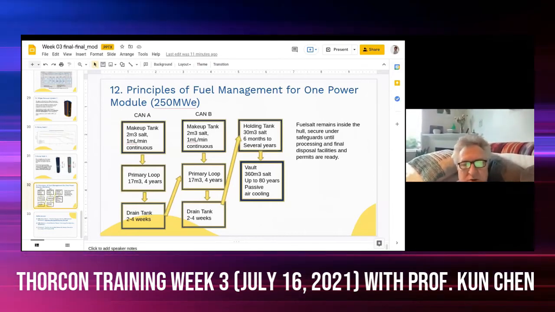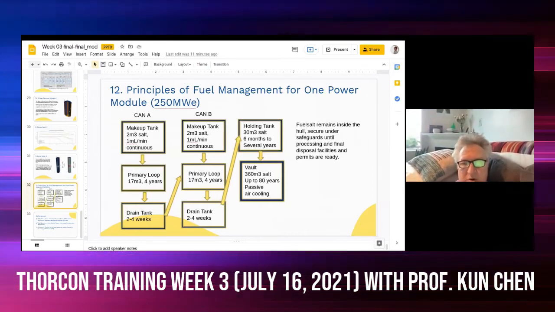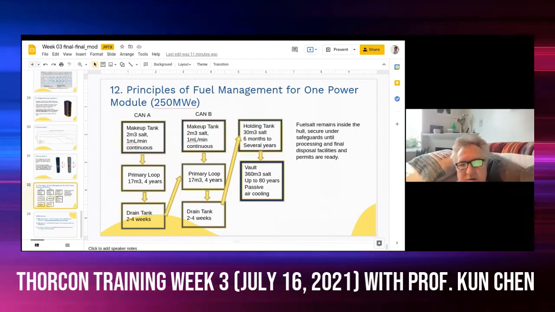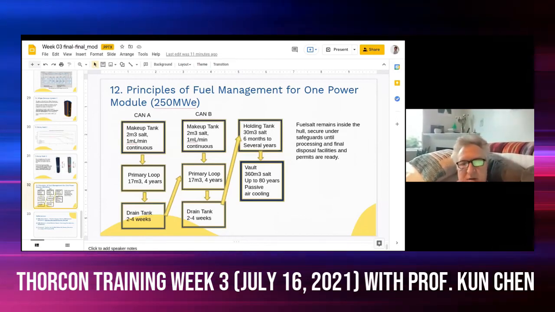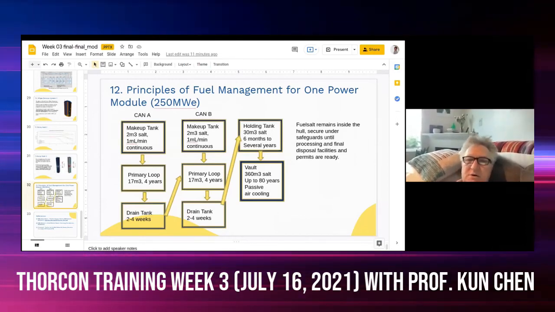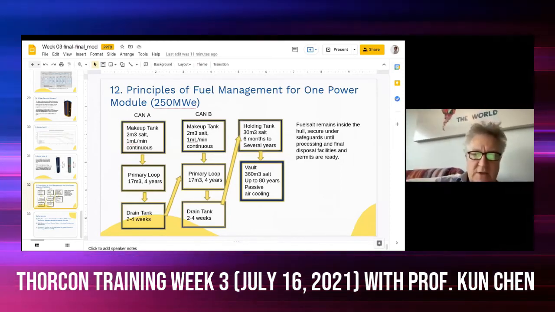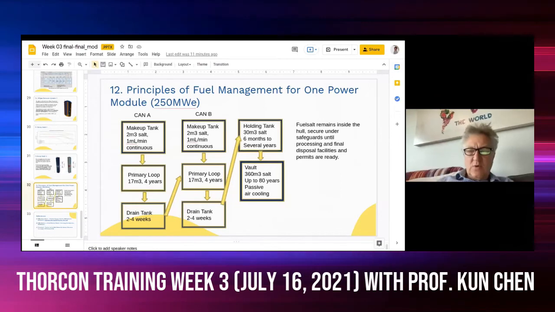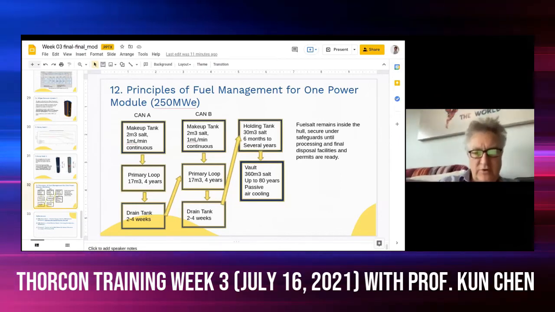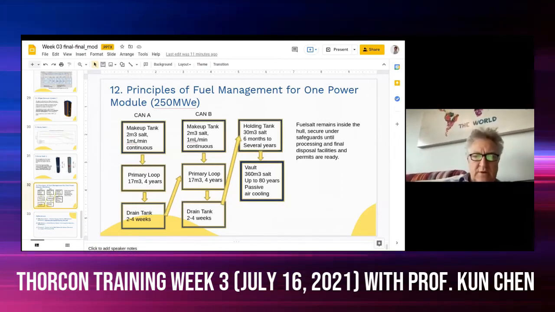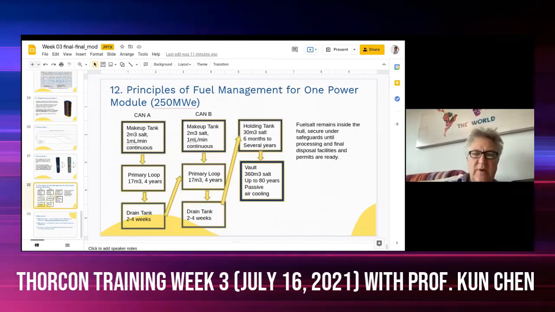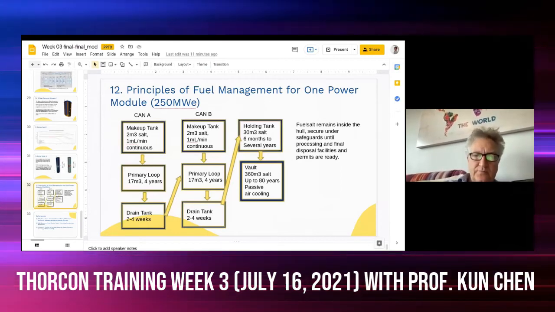So it circulates in can A for 4 years. Then we drain it and it'll be in the drain tank for 2 to 4 weeks. During that time, we are doing the major maintenance action, in particular for the turbines. But at the same time, you do all the other maintenance actions you want to do.